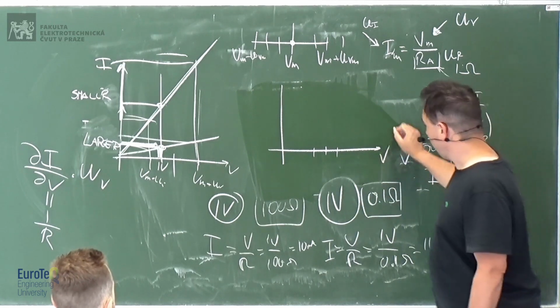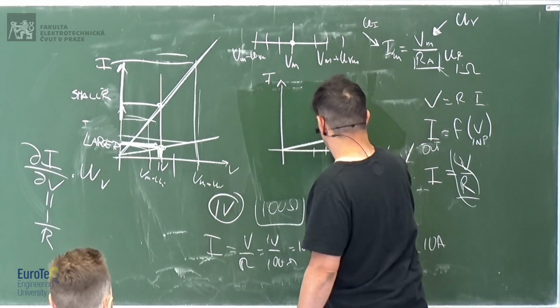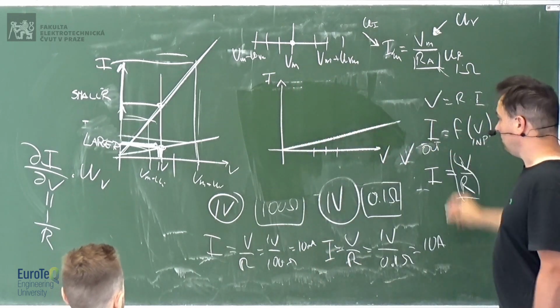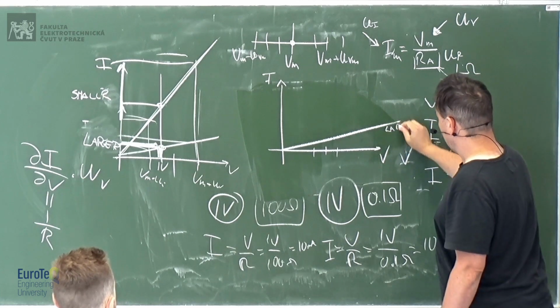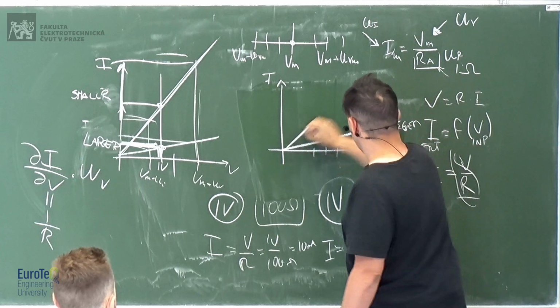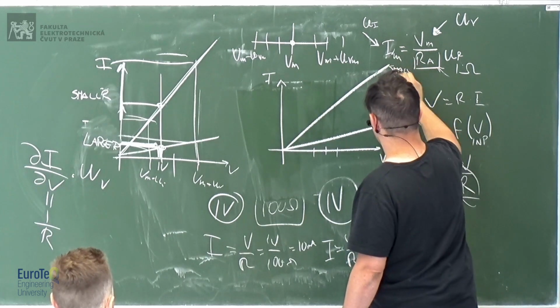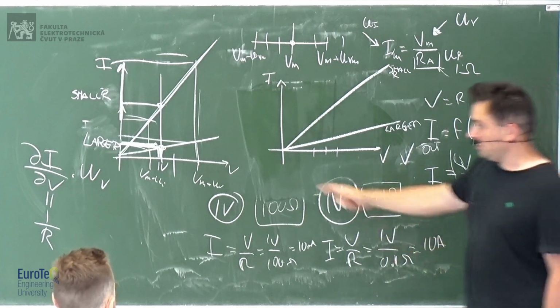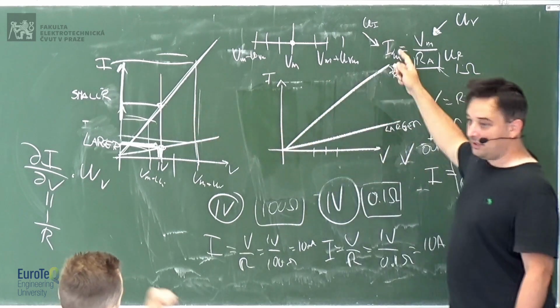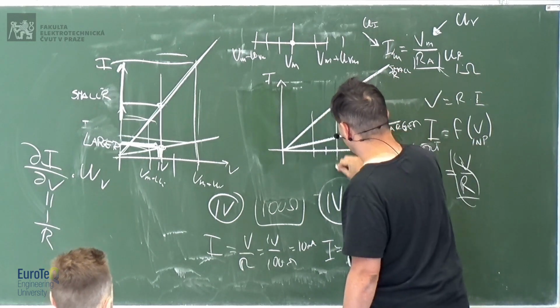So this is voltage and the current. This is large R, and this corresponds to small r. Because small r means that you have a larger current. Correct.